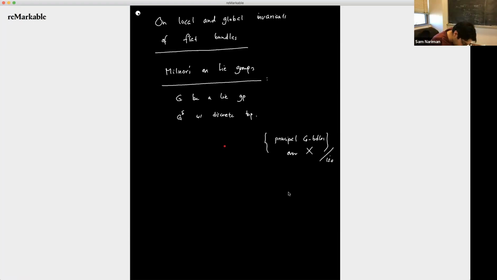Another one is, surprisingly, when you put a connection with a flat structure, or vanishing curvature, so flat principal G bundles over X up to isomorphism, and this is a forgetful functor.